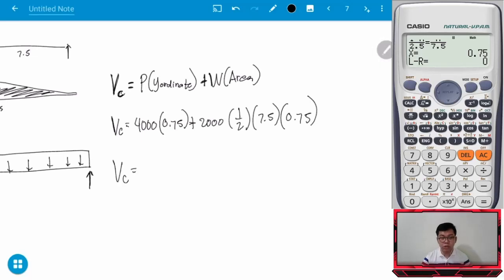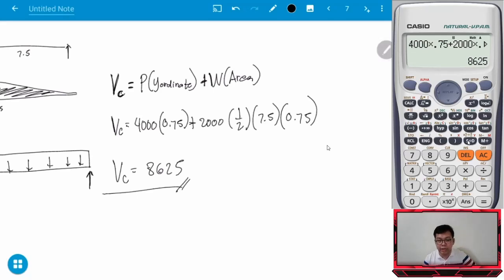So, with that, you can actually solve VC. I hope tama yung equation ko, no? 4,000 times 0.75 plus 2,000 times 0.5 times 7.5 times 0.75. Tama ba? 0.75 yan. Okay, so yung maximum shear natin is actually 8,625. Yan na. Okay, yan na, guys.